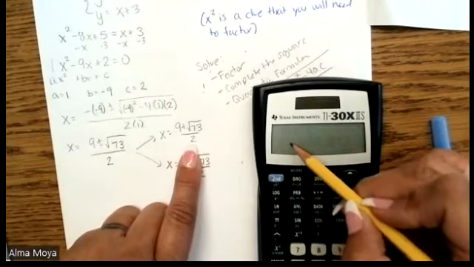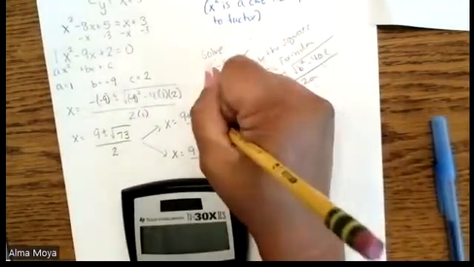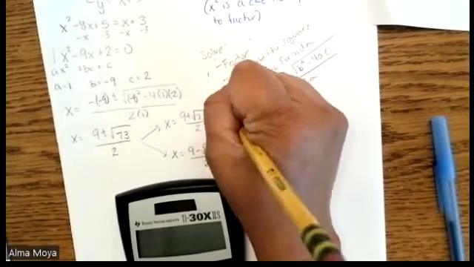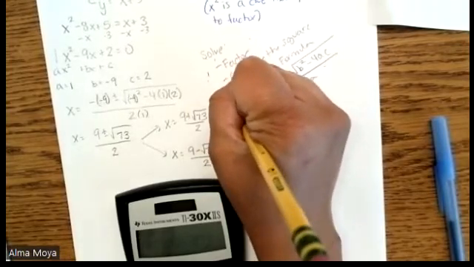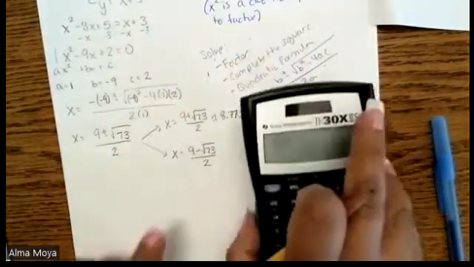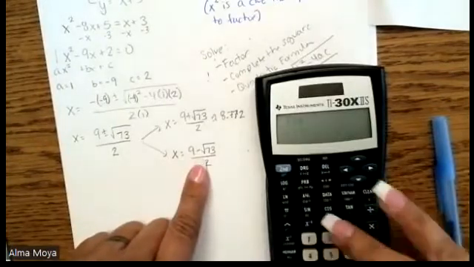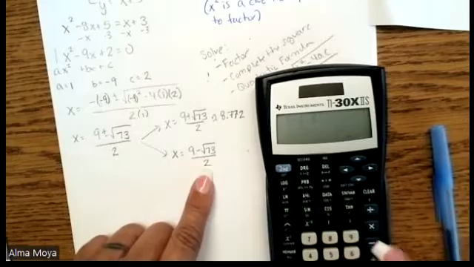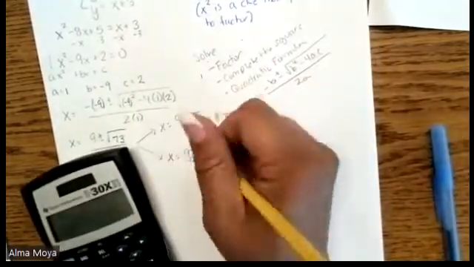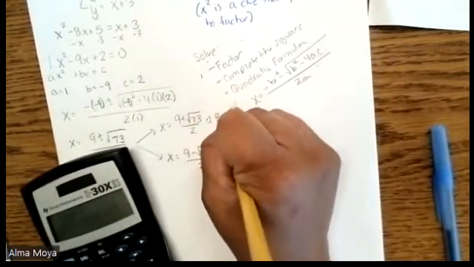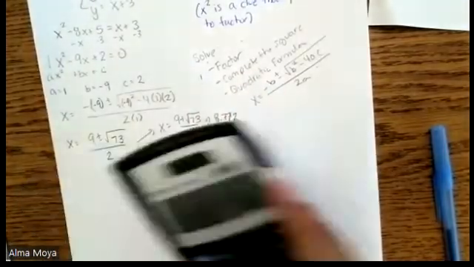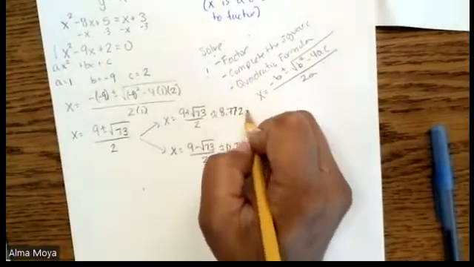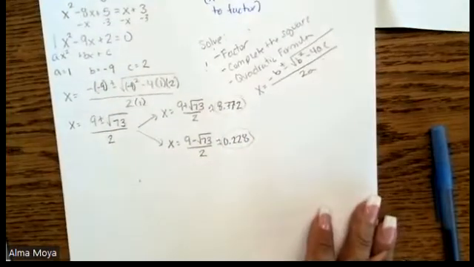So that's 8.772. And then I'm going to type in 9 minus square root of 73 and divide that by 2. So here's one of the x solutions. Here's the other x solution.